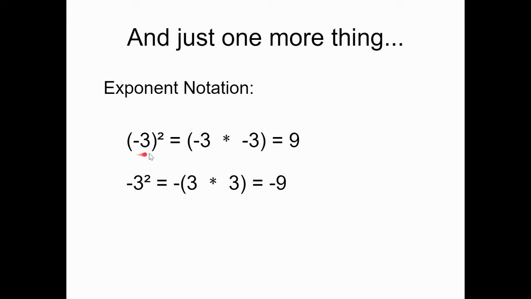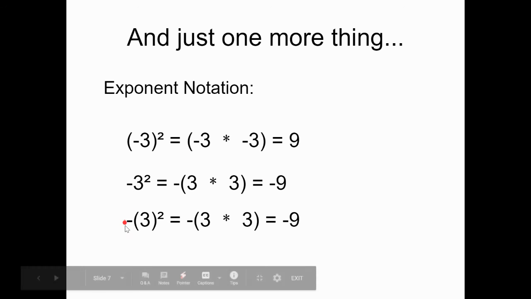You might also see a negative base written this way, which means negative 3 times itself 2 times. So you would have negative 3 times negative 3, which is a positive 9. These two types of notations are different from each other. And the result means one is going to be positive and the other will be negative. And then there's a third one, which we don't see too often.